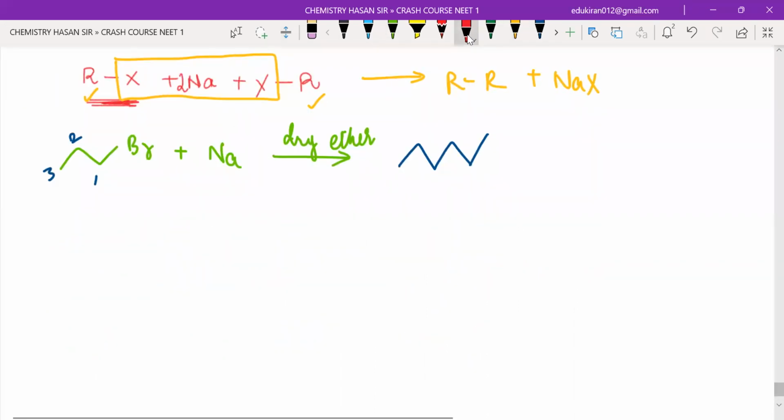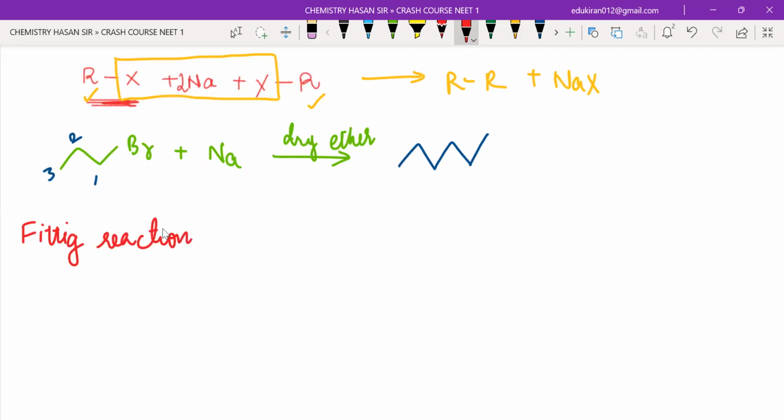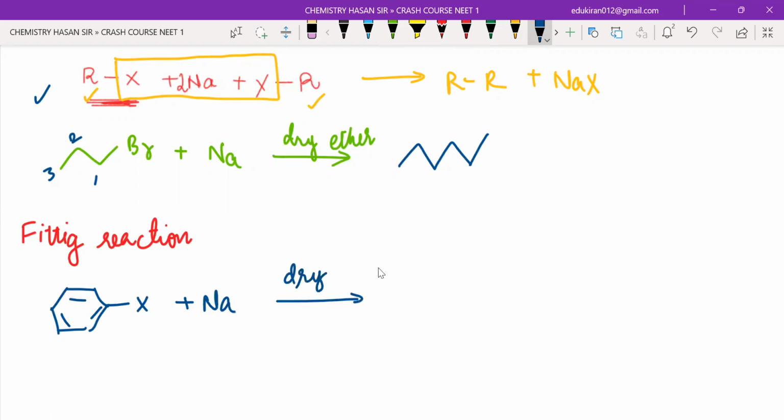Okay. Now the next reaction of metal is the Fittig reaction. And Fittig reaction is very easy. As you can see, Wurtz reaction is for alkyl and this is for aryl. So if you react a haloarene with sodium in the presence of dry ether, then you will be getting double of this. That means biphenyl you will get.